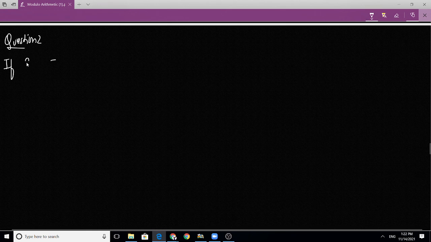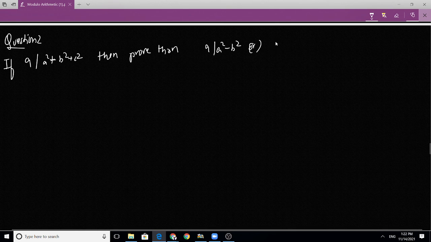If 9 divides a square plus b square plus c square, then prove that 9 divides a square minus b square, or 9 divides b square minus c square, or 9 divides c square minus a square. This is question number 2.